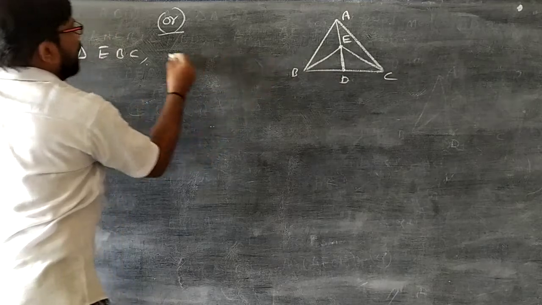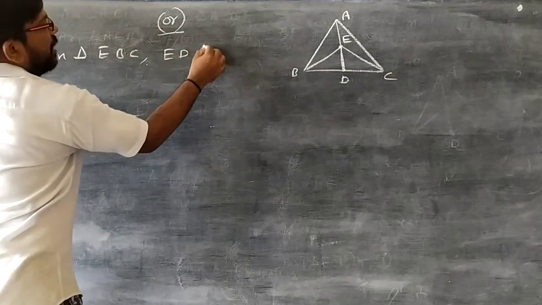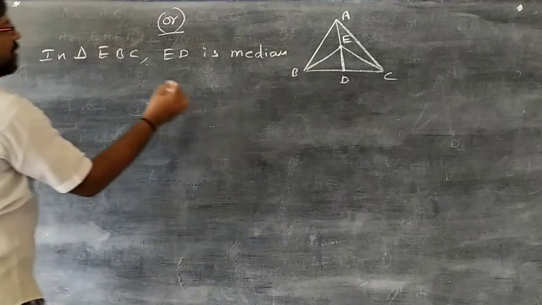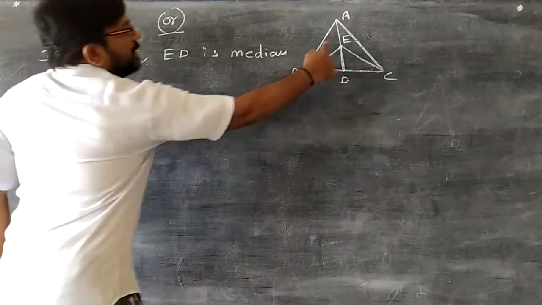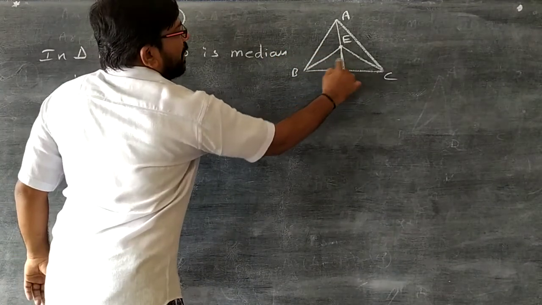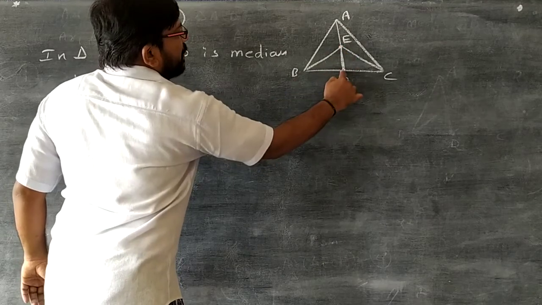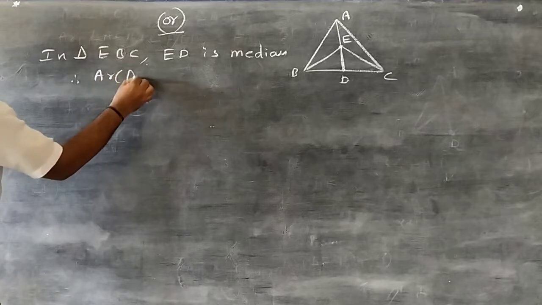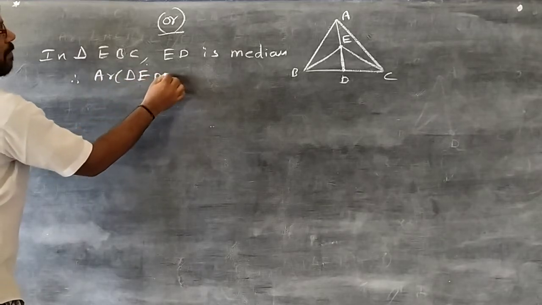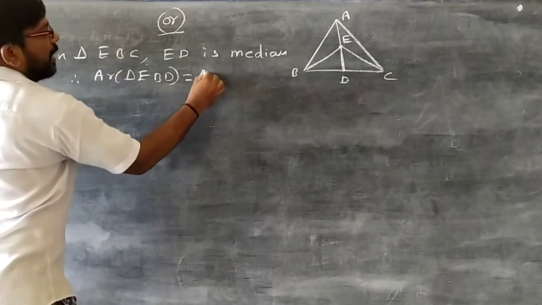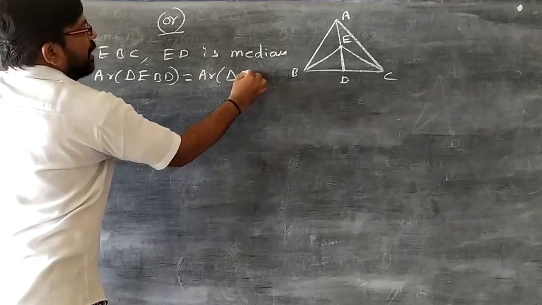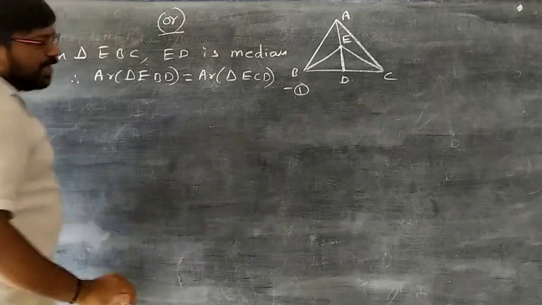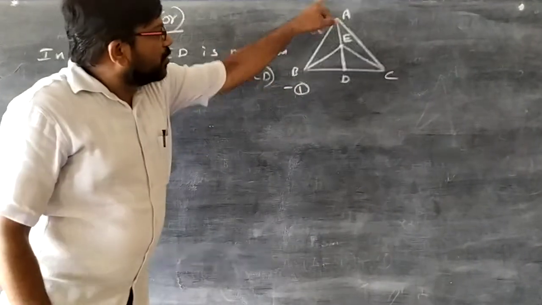ED is the median. So this median divides it into two equal areas. So EBD is equal to ECD. The area of triangle EBD is equal to the area of triangle ECD, right? Call it equation 1.